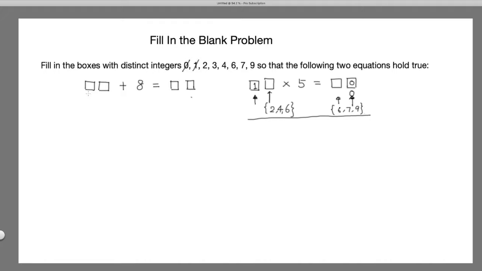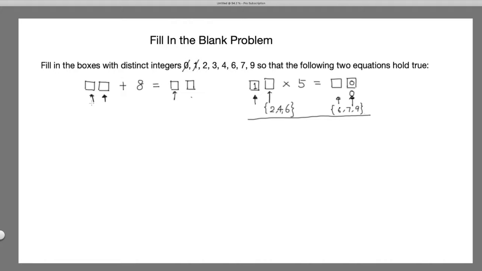But wait a minute. If you look at the first equation, this is a 2-digit number plus 8 equals another 2-digit number. By removing 0 and 1, we know that this digit is going to be at least 2. So we have a digit here, at least 2, plus 8. The single digits add up to more than 10, and that will add 1 to the tens digit.